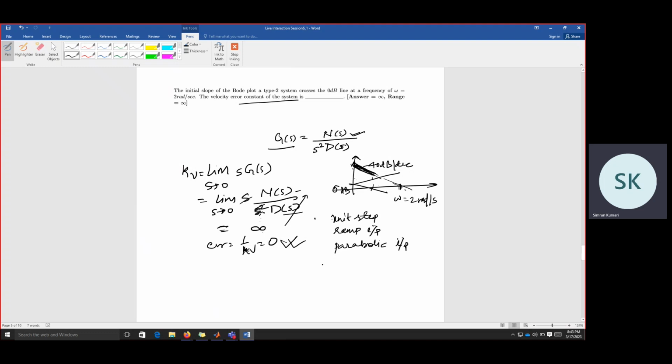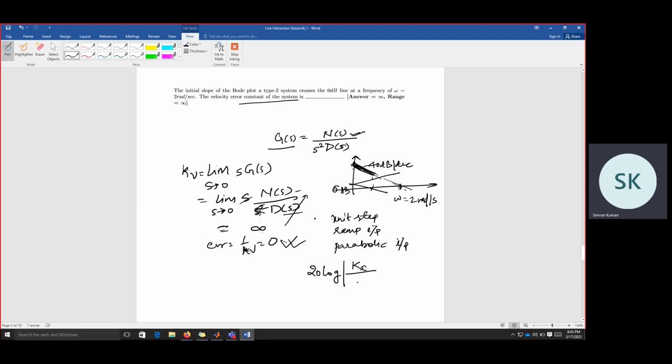So for that, what do we know? The magnitude of this is 20 log of K by omega square.